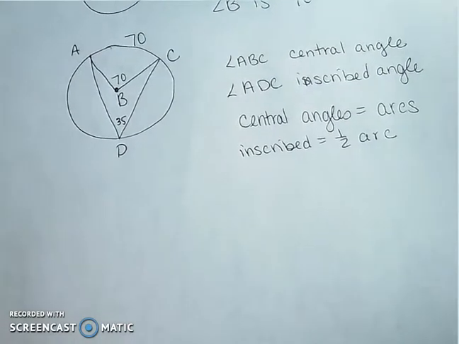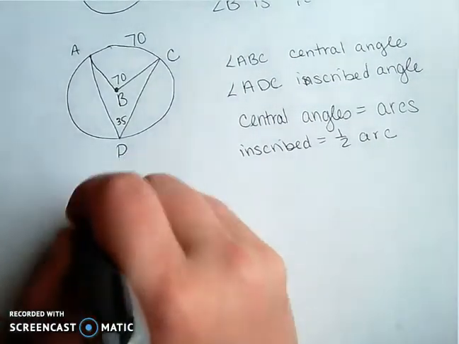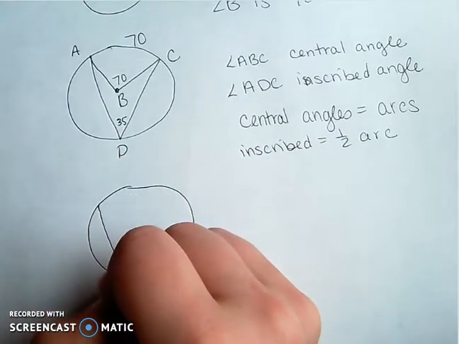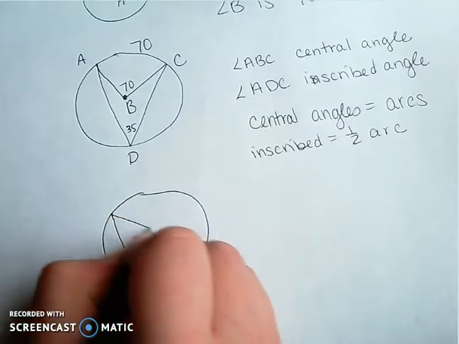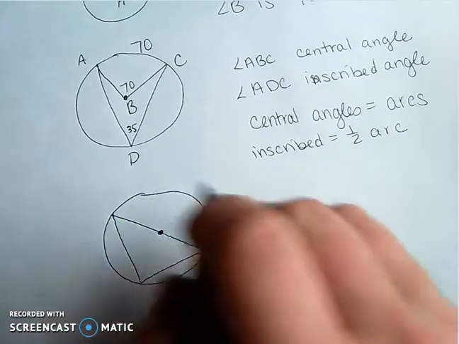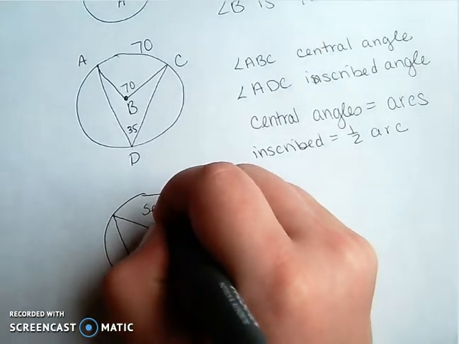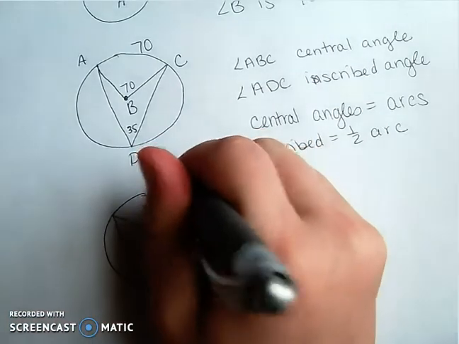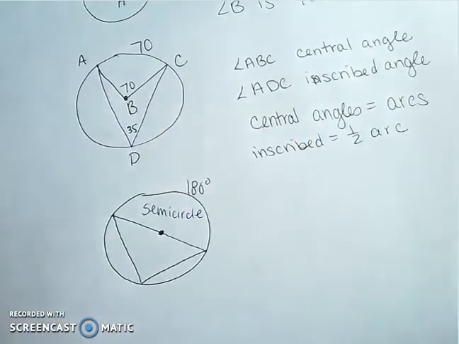With inscribed angles, we have a special case when I have something that's inscribed, but one of the sides is the diameter. This forms a semicircle here, and we all know a semicircle is 180 degrees.